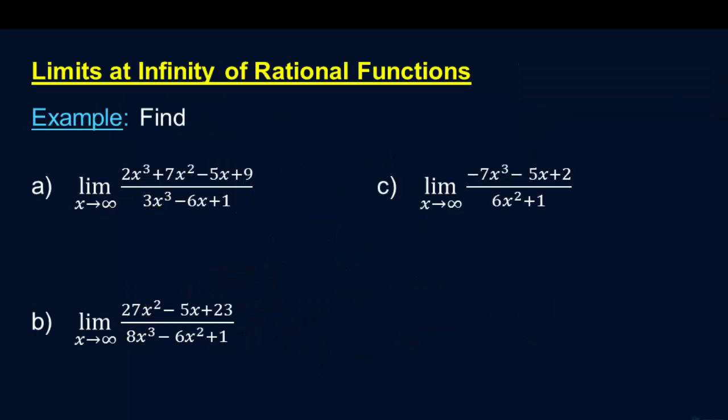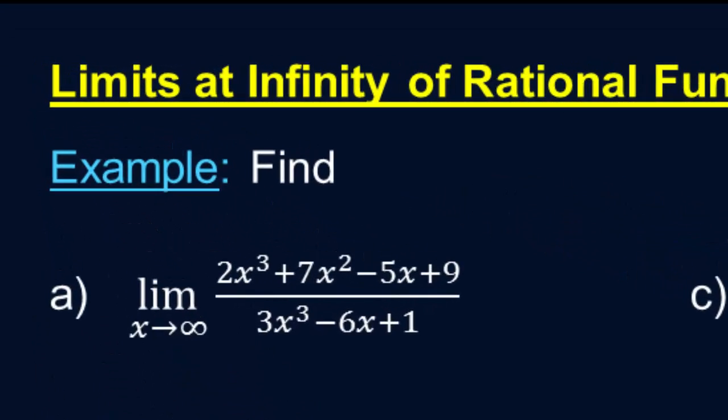So let's summarize what we observed from the 3 examples. Here we see that the limit of letter A is 2/3. And how did we get that? When the degree of the numerator is equal to the degree of the denominator, then the limit is just equal to the ratio of the leading coefficient of the numerator and the denominator, so it's 2/3.